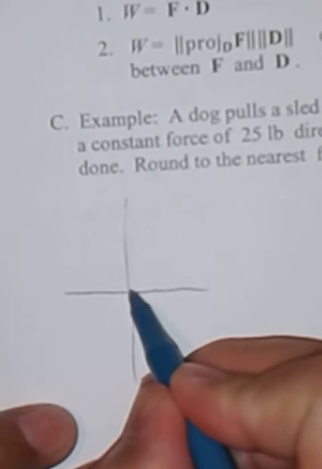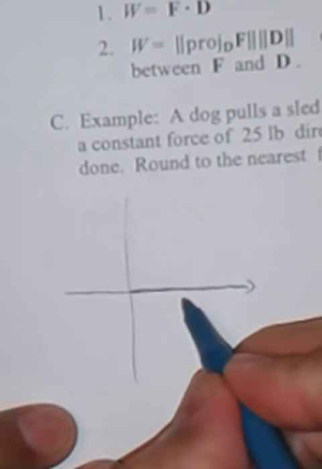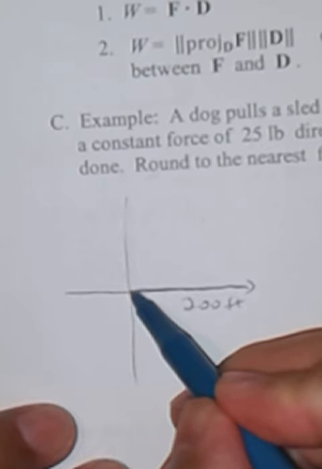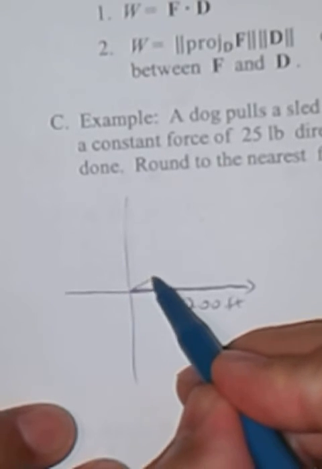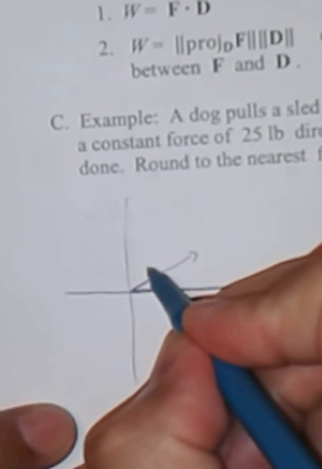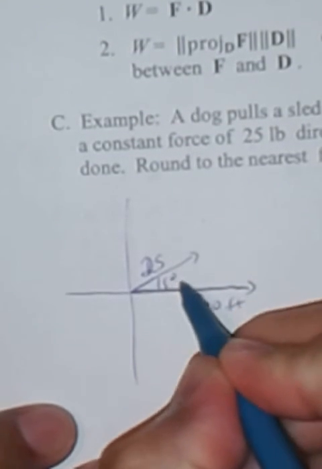Here's my displacement vector with a magnitude of 200 feet, and here's my constant force with a magnitude of 25, and the angle is 15 degrees.